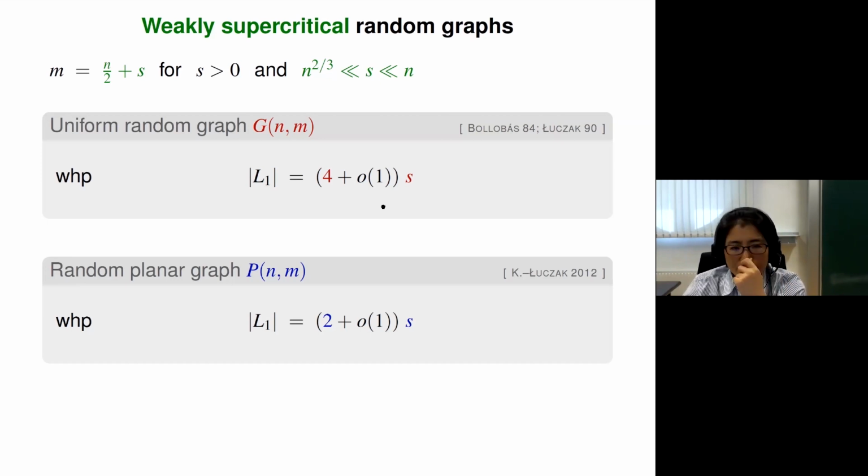On the other hand, in the planar graph, Łuczak and I show that indeed the order of the giant component is 2 times s, asymptotically 2 times s. Roughly half the order of the giant component, or the largest component, of the Erdős-Rényi random graph.